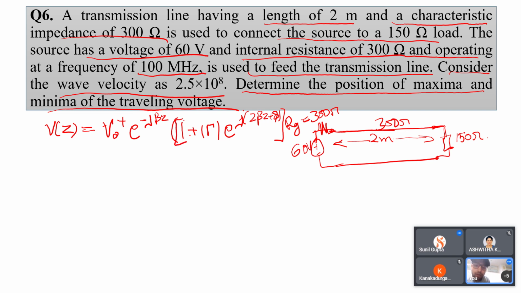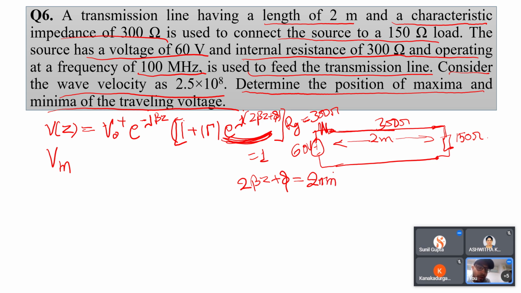So for obtaining maximum voltage on this transmission line, this phase term should be equal to 1, and this is only possible if the term 2 beta z plus phi becomes equal to an integer multiple of 2 pi.